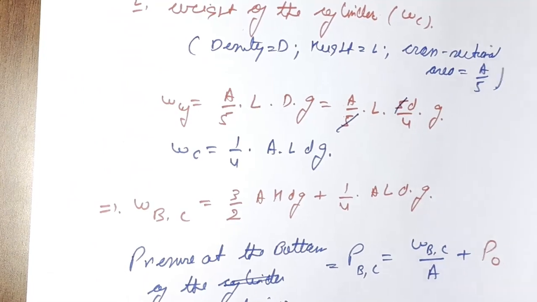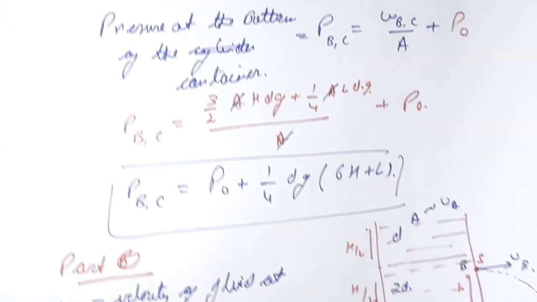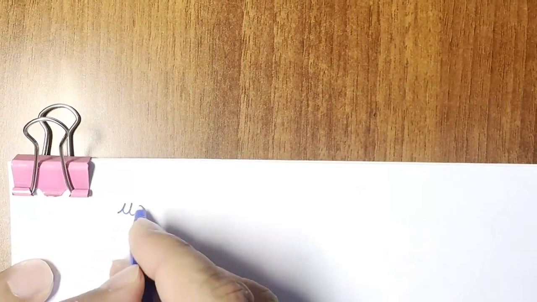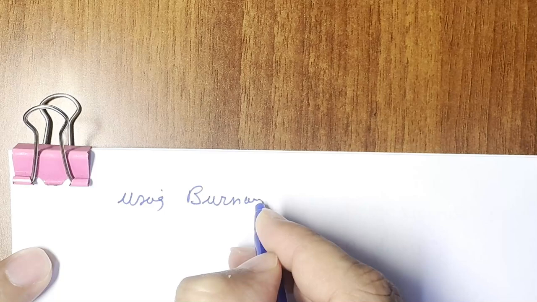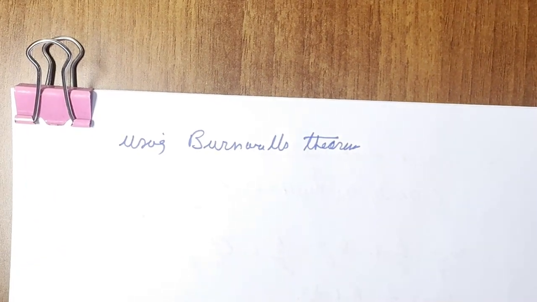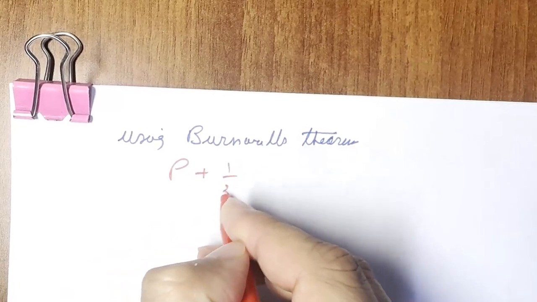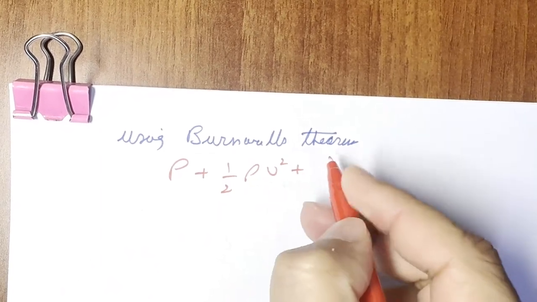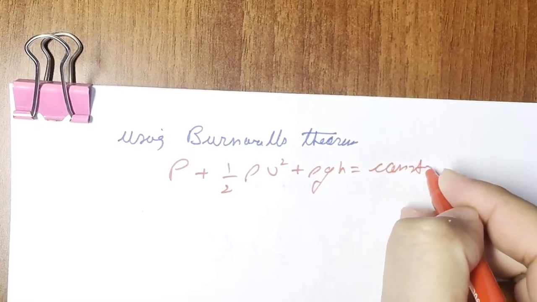Now we are going to use Bernoulli's theorem at level A as well as at level B. Using Bernoulli's theorem, which states that P plus half rho V square plus rho gh will be equal to constant.